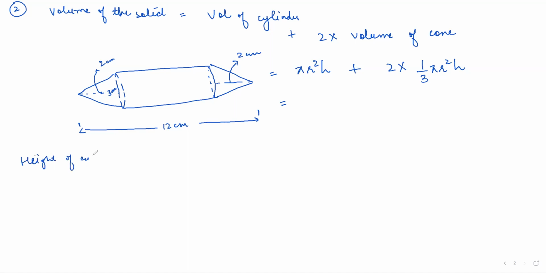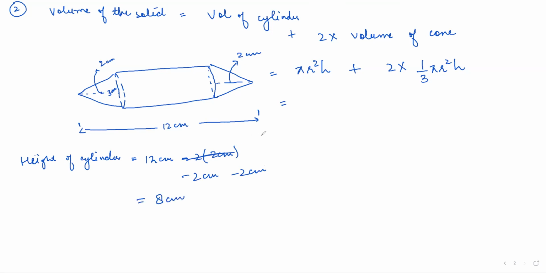Height of cylinder is equal to, now the total height is 12 centimeter, right? So you have to minus 2 into height of one cone, that is 2 centimeter, like 2 centimeter from one side and 2 centimeter from another side. You can write it separately also, minus 2 centimeter and then minus 2 centimeters, so 2 times. So you get 12 minus 4, that is 8 centimeter.